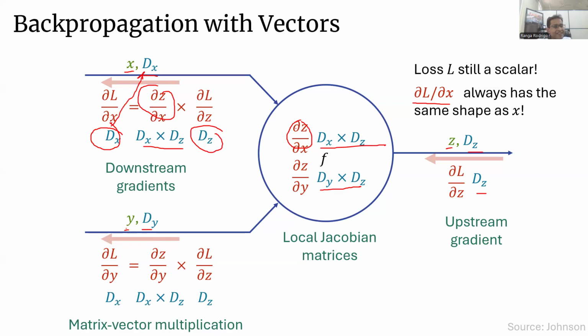You can notice that it is correct. Similarly here, dx by dz is the size of this because it's a Jacobian, and when you multiply by the size dz, you get size dx. Matrix vector multiplication is what is happening here. So there are two Jacobian matrices. I hope that is clear.